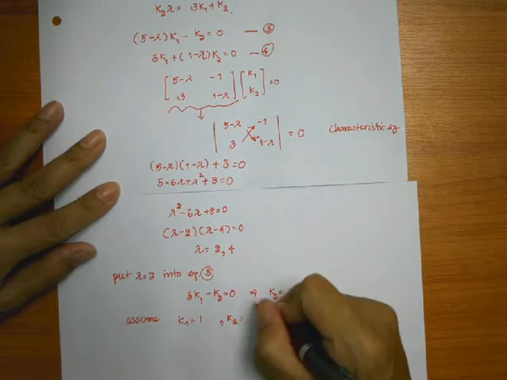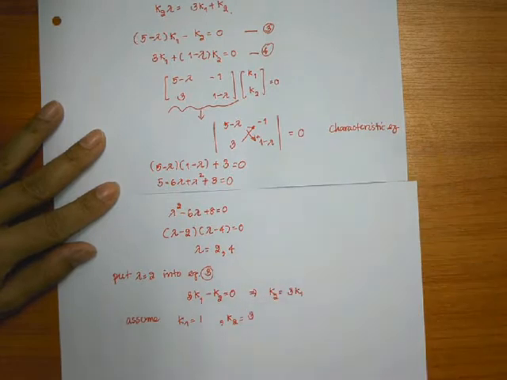It's going to be this correlation all the time. If k1 equal to 1, k2 equal to 3. If you assume k1 equal to 2, k2 equal to 6, something like that, okay?